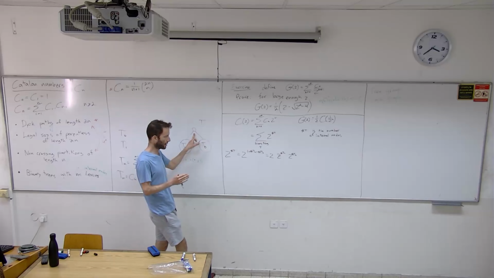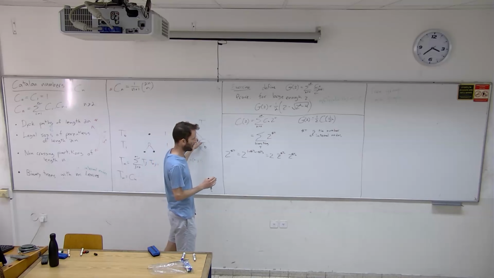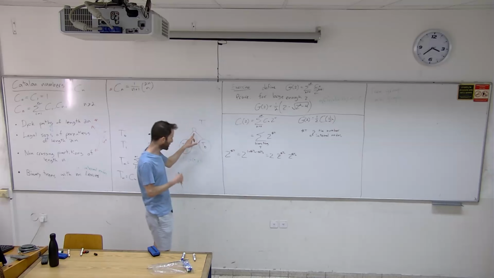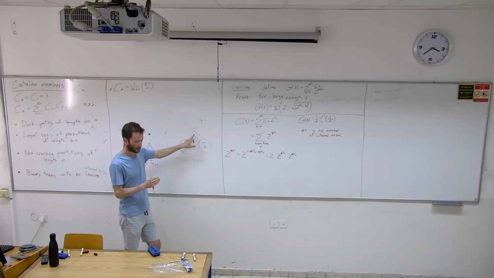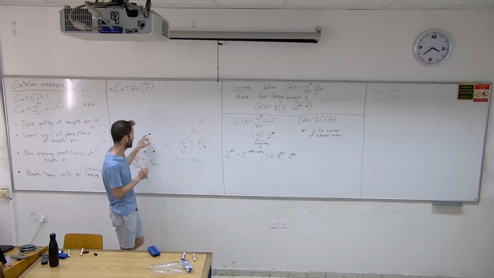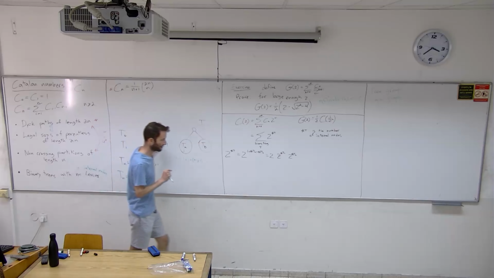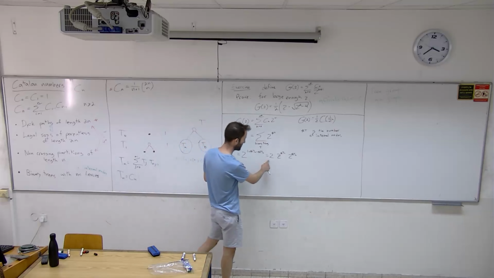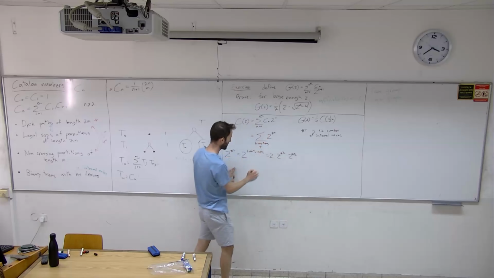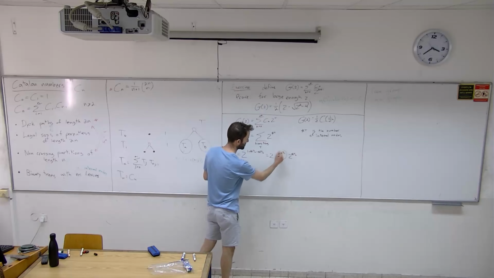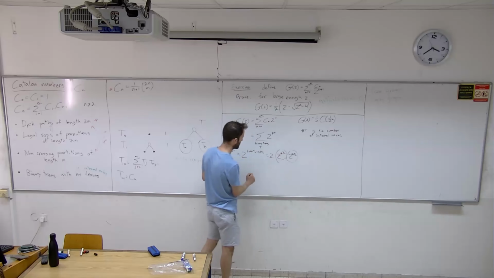So I need to separate the count for the empty tree, from the tree with only one leaf. And this tells me that this summation can be written as, so there's no restriction on this one, and there's no restriction on this one.